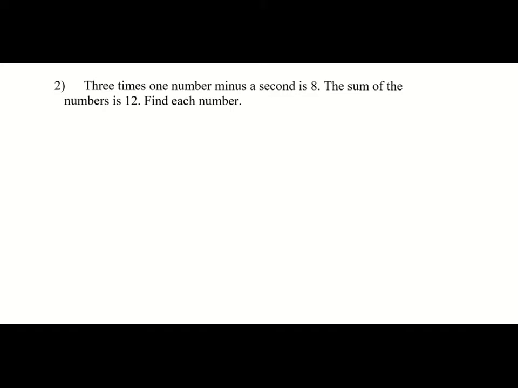All right, now we are going to do our next one. Again, this is another one with the equations written out in words. So we have one number and a second number. So I'm going to make x the first number again, and y the second number.